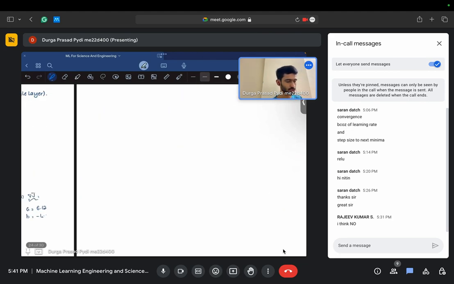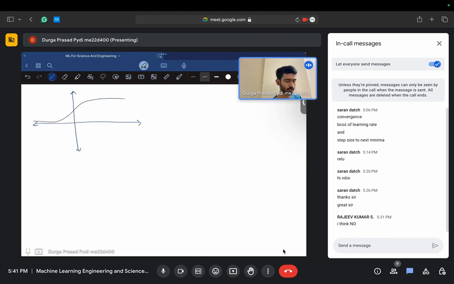Maybe I'll just draw here. For all x negative, your sigmoid will be close to 0, and for positive values it's going to be 1. So you'll have an inflection point at 0.